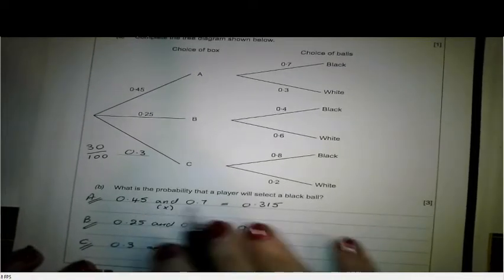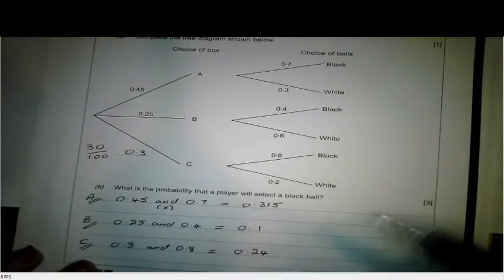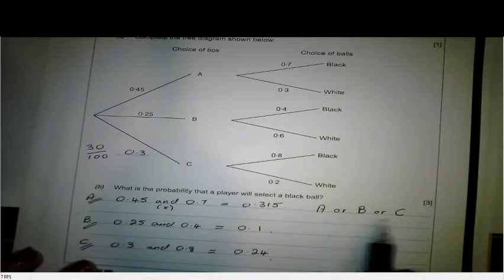The probability that a player will select a black ball: he could select a black ball from A or B or C. Now when we see the word "or" in probability, we replace it with add.